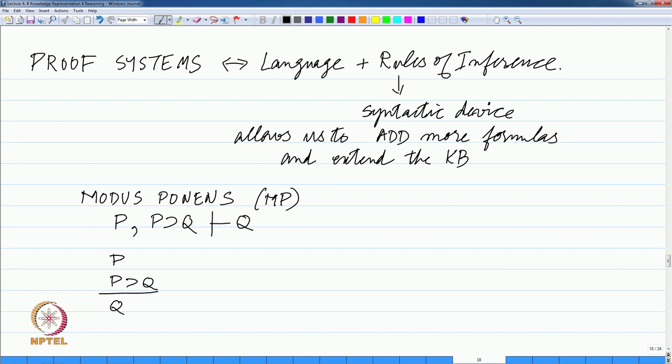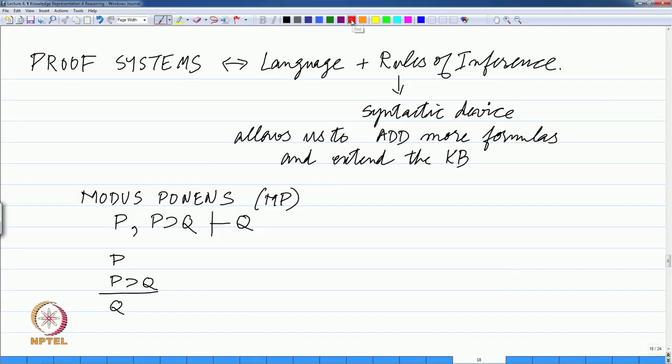So, basically what this says is that in your knowledge base, if you can spot these two patterns, one corresponds to some formula and the other corresponds to a larger formula where this is the antecedent of an implication. So, whenever we talk of implications, we call this the antecedent, and we call this the consequent.